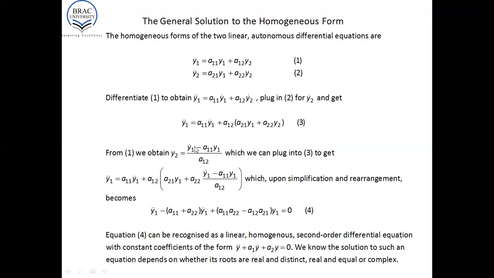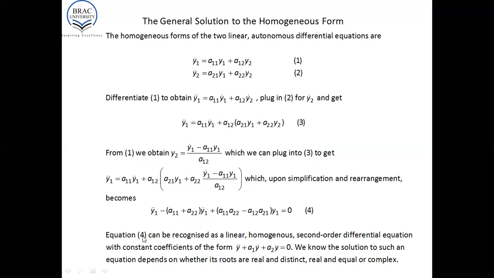So we replace y2 with this expression over here. Now, when we simplify and rearrange it, we get y1 double dot minus a11 plus a22 times y1 dot plus a11 a22 minus a12 a21 times y1 is equal to 0.